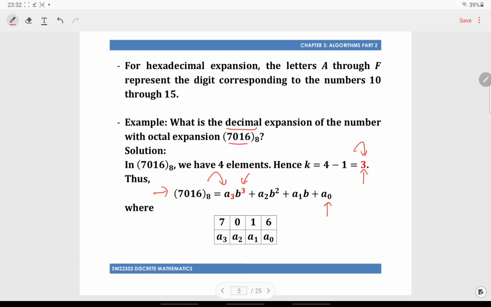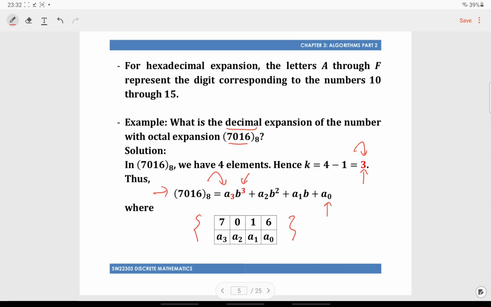Okay, and then again we build this table, and we pair a3, a2, a1 and a0 with the corresponding elements. So a3 we pair with 7, a2 with 0, a1 with 1, and a0 with 6.